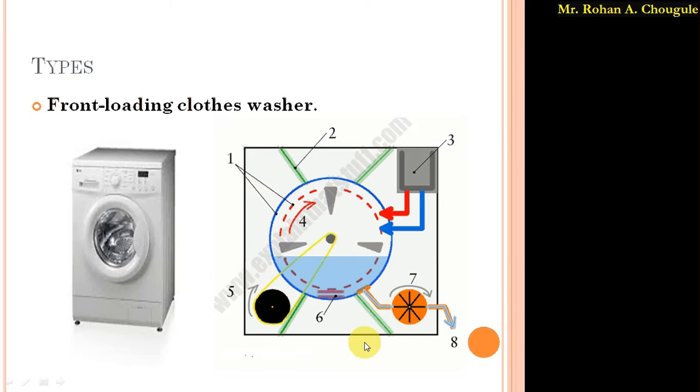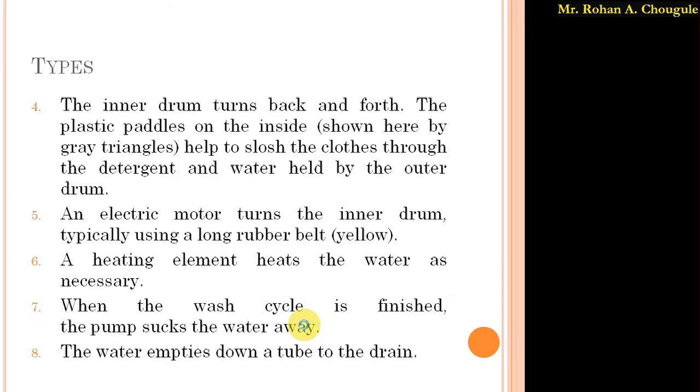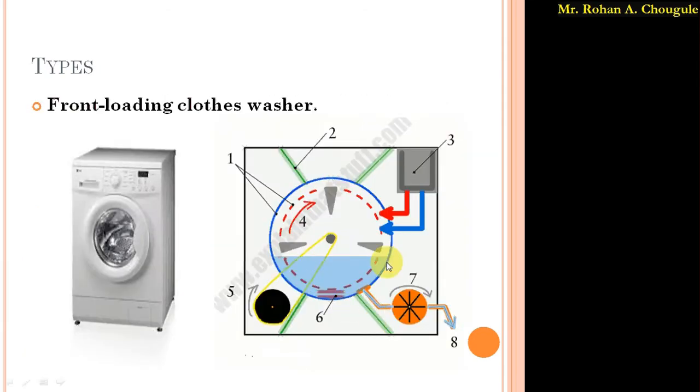This pump is used to remove the water from this inner drum, and the water empties down a tube to the drain. So with the help of this tube, the drum gets emptied. So these are the basic mechanisms which are used in a front loading cloth washer.